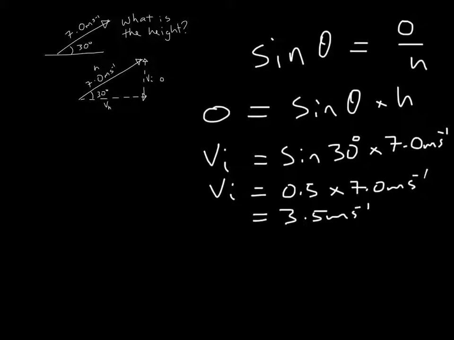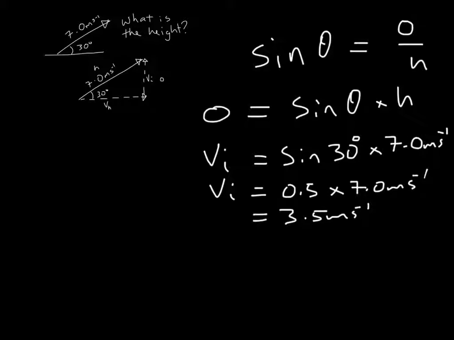This means that when I look at my answer now, which is 3.5, and compare it to what I would expect my vertical component to be, I can see that 3.5 is a really realistic answer, because that looks about half the size of my 7 here. So I'm really confident at the moment that this is the answer. Right, so now we can go on and do the next part.